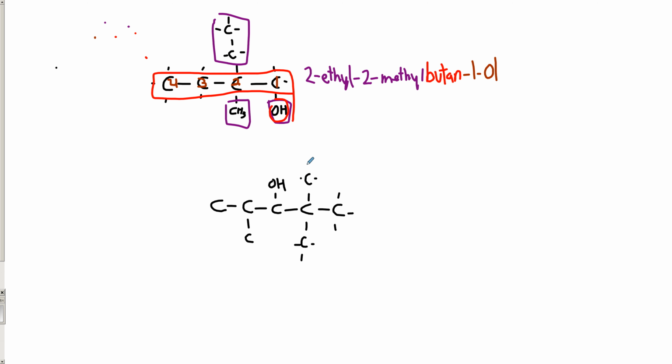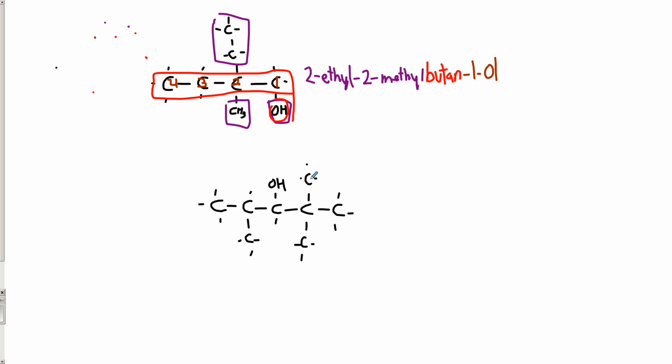So business as usual, we're looking for the longest chain that contains our special bit, just like how we look for the longest chain that contained the double or triple bond. We always look for the special thing. And so I'm looking at 1, 2, 3, 4, 5, or 1, 2, 3, 4, 5, or straight across. I'm just going to be interesting and we'll go up. It doesn't really matter.